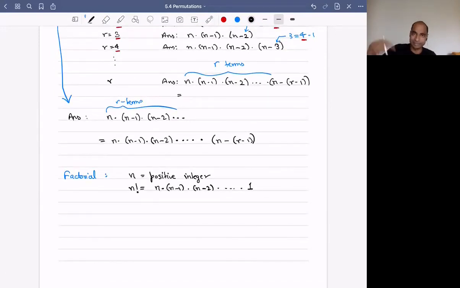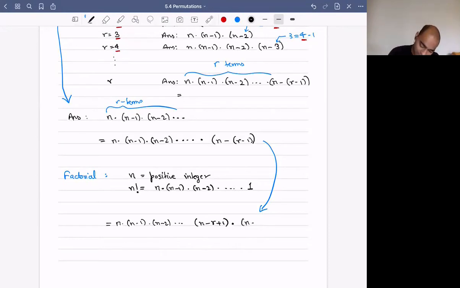So now I can re-express the term above using factorials as follows. This is a trick. Again, you shouldn't expect yourself to have come up with this if you haven't seen this before. So what I'll do is I'll take n times n minus 1 times n minus 2, up to n minus, now I'll expand out the minus R minus 1 in there and make it minus R plus 1. So now I will do a trick. I will multiply the numerator and denominator by n minus R factorial.